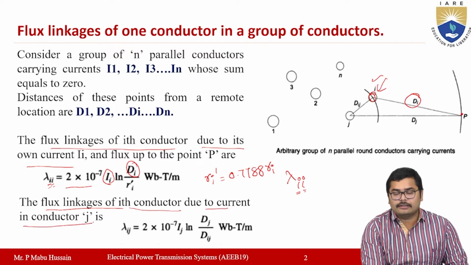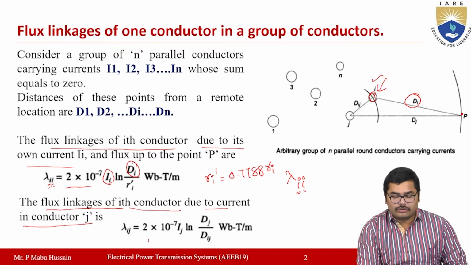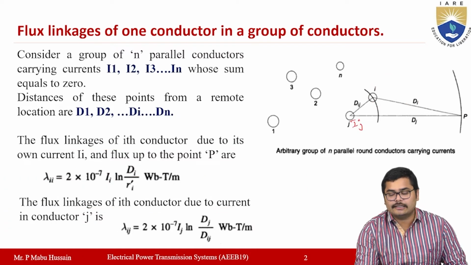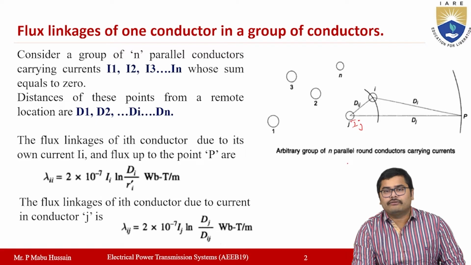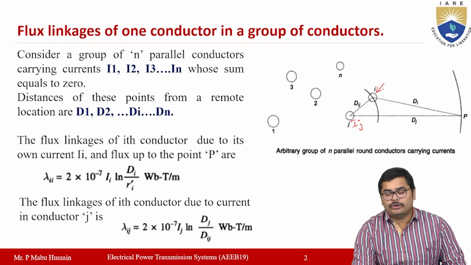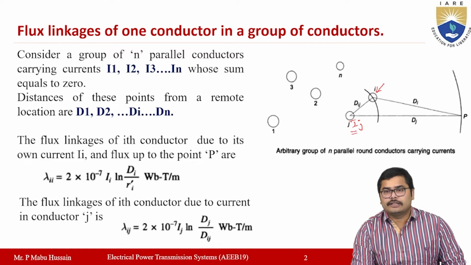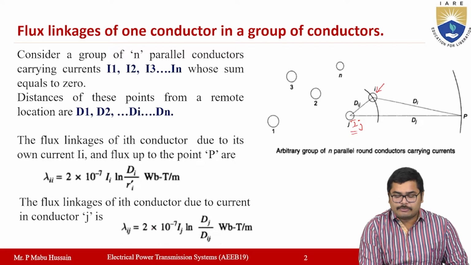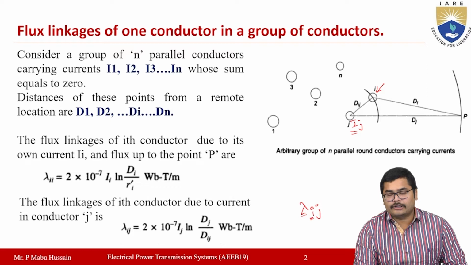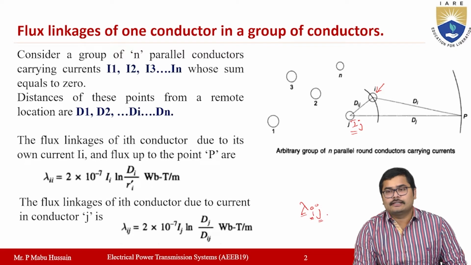Now we have to develop the flux linkages of the same ith conductor due to current flowing in the jth conductor. Consider the current flowing in the jth conductor, which is Ij. This expression can be written as lambda ij, meaning the flux linkages of the ith conductor due to current flowing in the jth conductor.